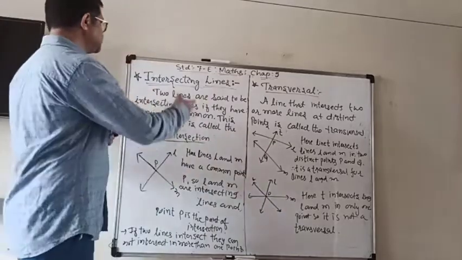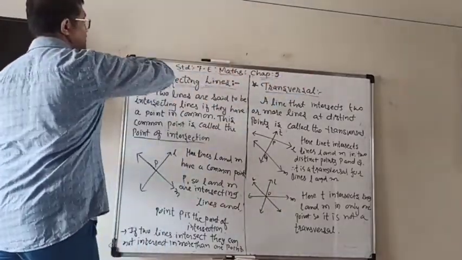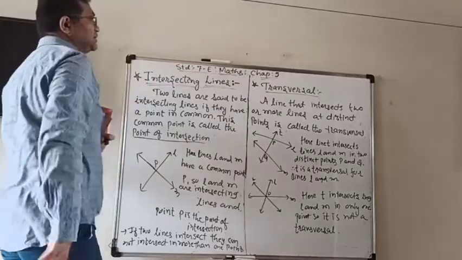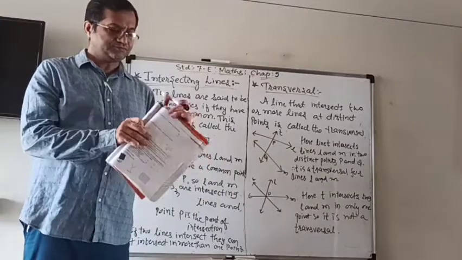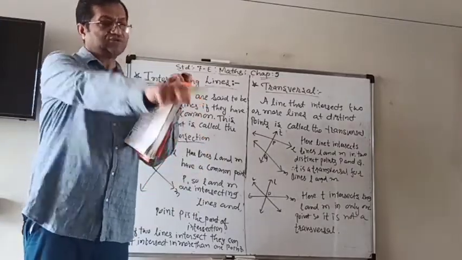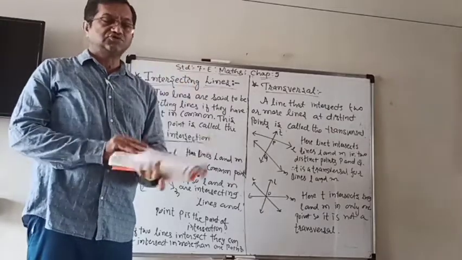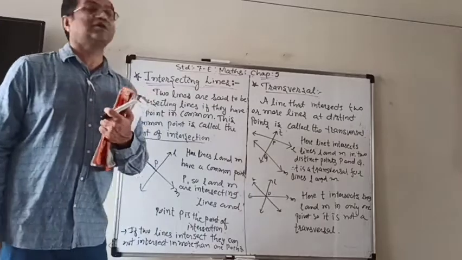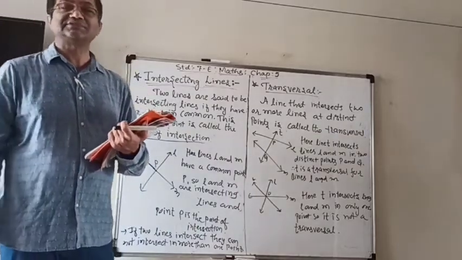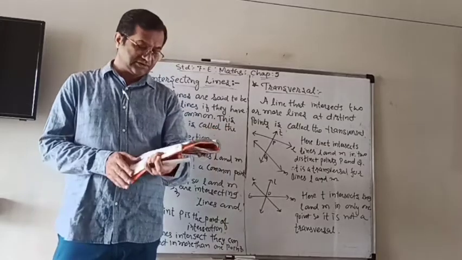If you consider this line and this line, they are also intersecting lines. In the book also, the line joining this one and this one. So in your surroundings, you will find so many examples that represent the intersecting lines.